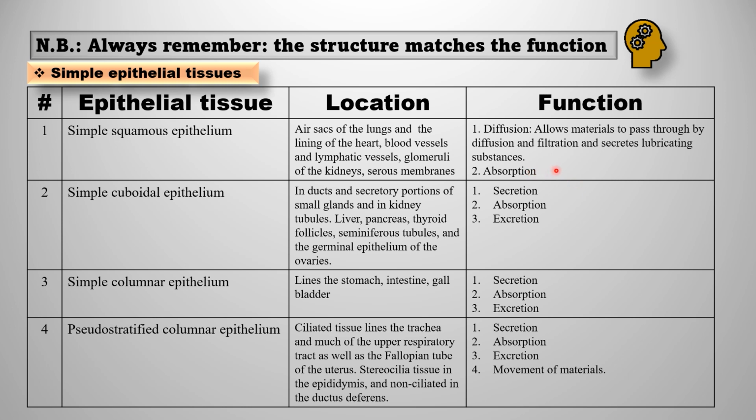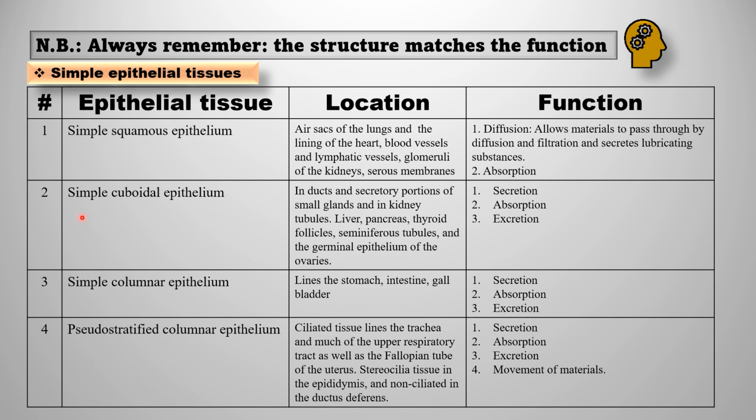Absorption is also part of the function of this one. So you know the name and where it comes from, what the base of this name is, and also where you can find it in the body and what the function of this epithelial tissue is.